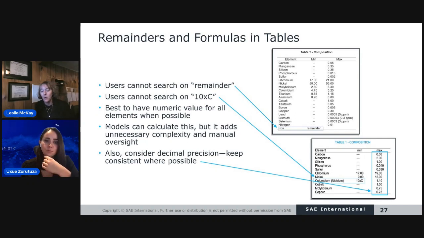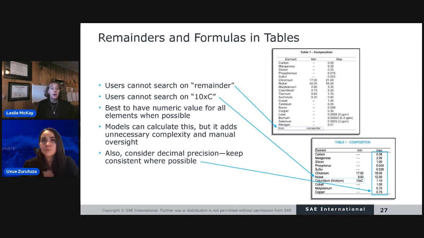The value for columbium is 10 times the value of carbon in the table on the bottom. When you think about how users are going to search for materials by composition, they're going to search for materials that have a certain amount of iron or a certain amount of columbium, for example. They can't search on remainder, and they can't search on 10 times the value of carbon. They're going to be searching for a number.